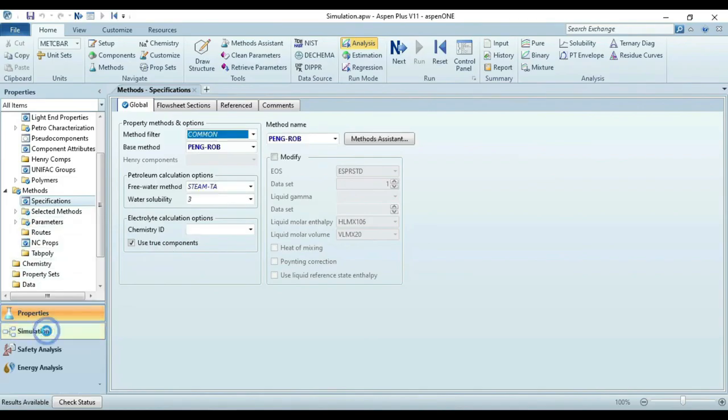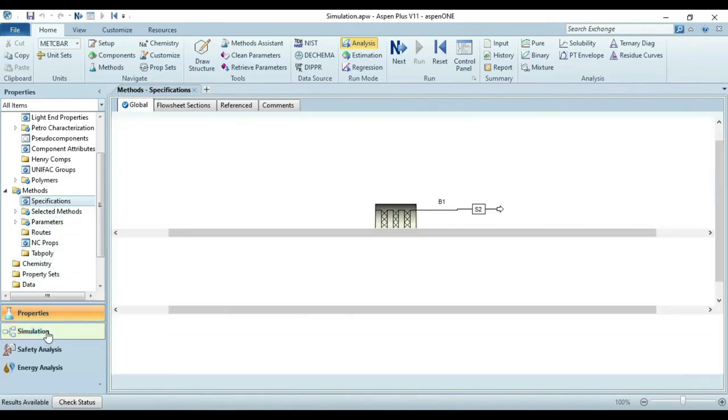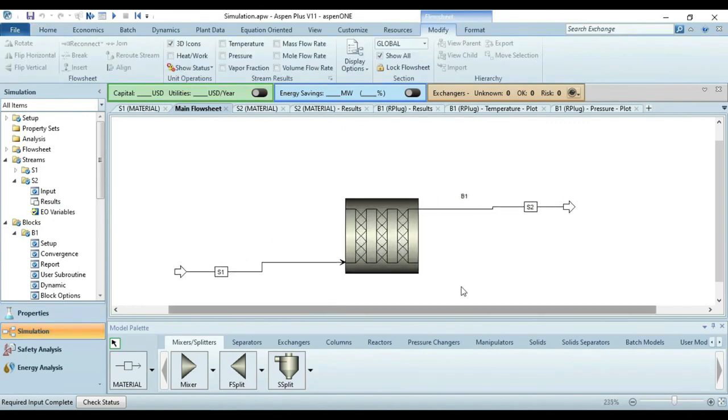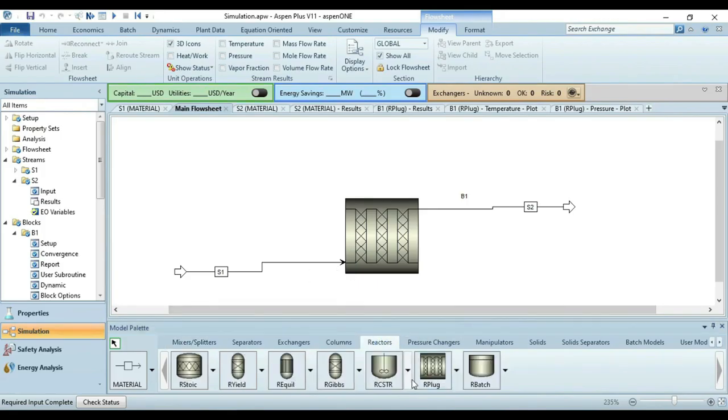And next, after conversion, let's go to the simulation. Here let's insert the RPlug model, the RPlug reactor, present in this palette. And let's insert two streams, an input stream of mass and an output stream of mass, representing the feed of reactants and the output of products and reactants that didn't react.